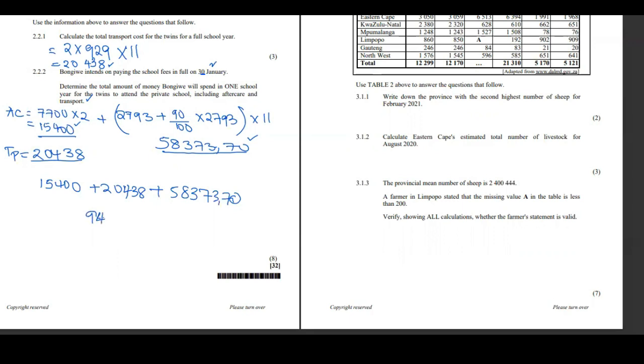We have the answer: 94,200, 211 rands 70 cents. All right.